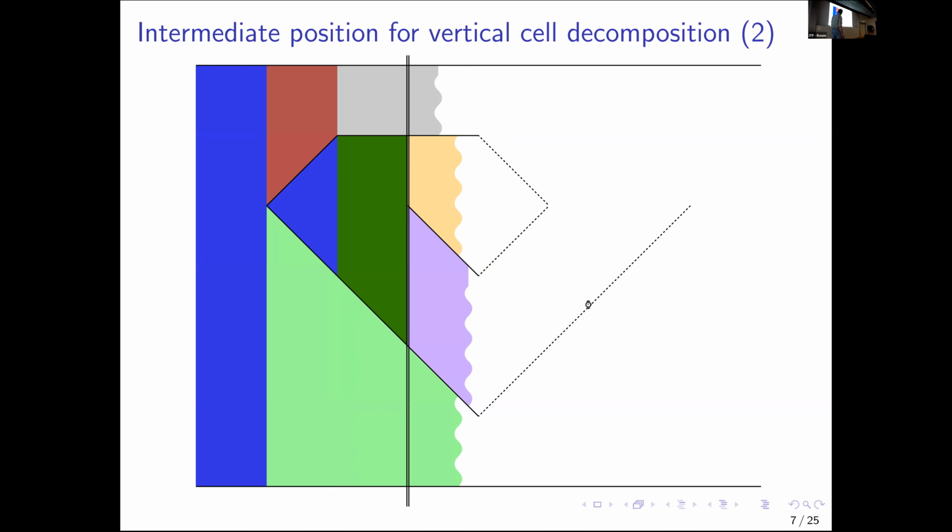And I make this dark green cell. And the other ones, well, I know that this one that already existed is beyond that vertical line. The gray one on top has the same property. It finishes beyond. And because there is an edge starting at this point here, I'm creating two new cells, one on top and one below. That's it.